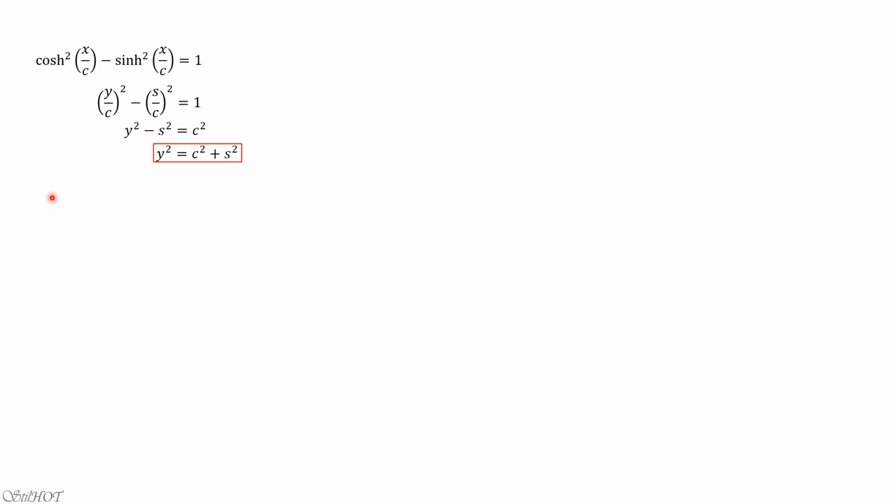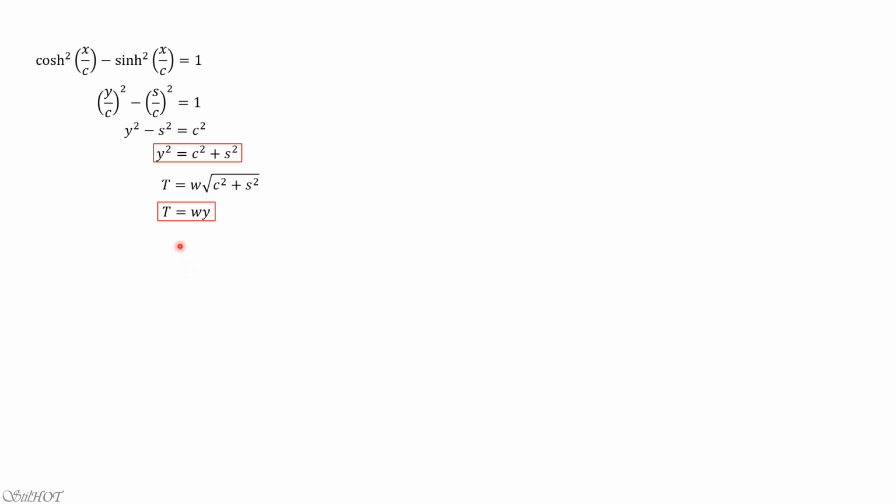So remember the tension at any point on the cable, W times square root of c squared plus s squared. So this square root of c squared plus s squared is simply square root of y squared, which is y. So the tension is simply W times y.